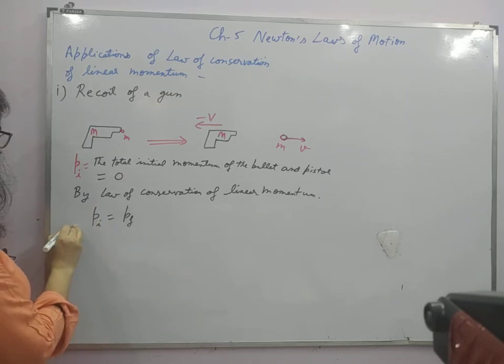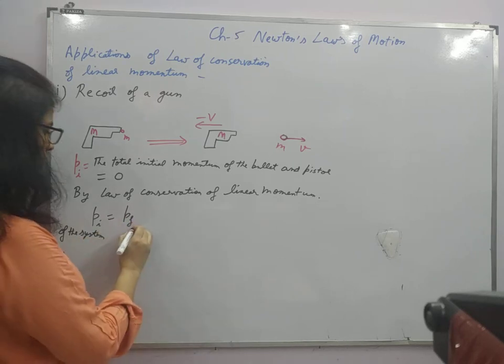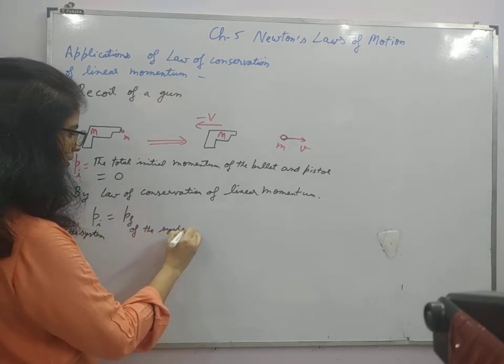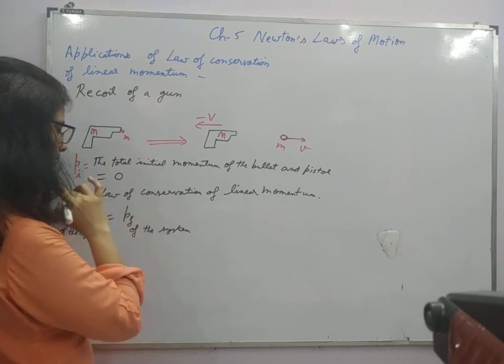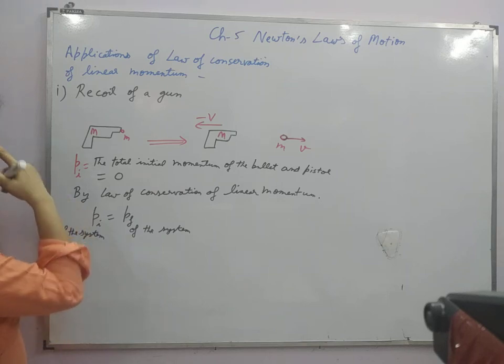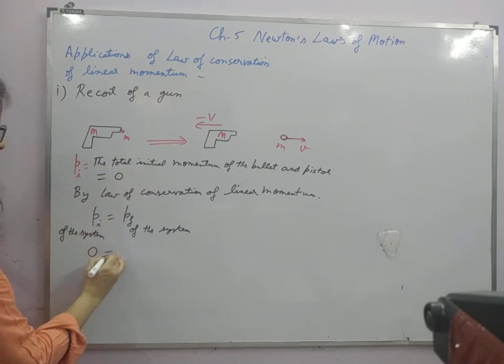So the initial momentum of the system is equal to the final momentum of the system, right? So the initial momentum of bullet and pistol is 0.